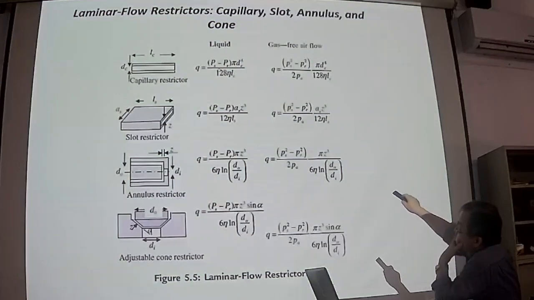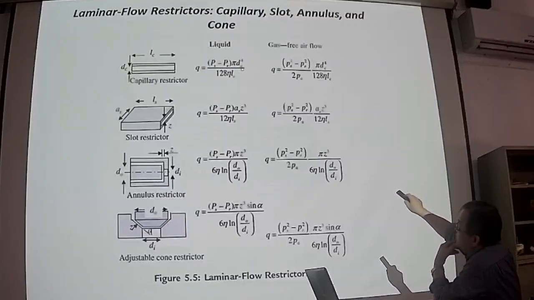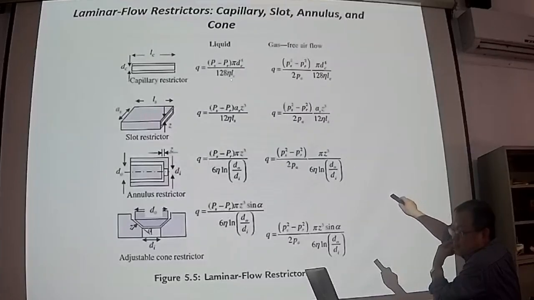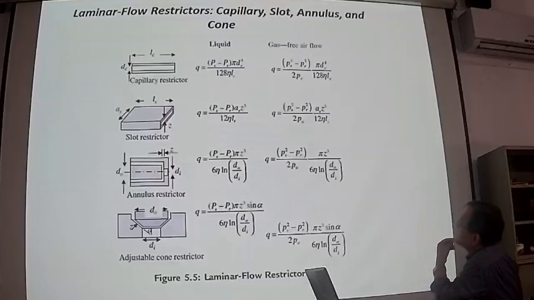So the rho is equal to the vibration minus recess ratio. And this is the diameter, inner diameter of the capillary tube. And this is the length of the tube. And then the viscosity. So this is the capillary restrictor we use. Okay.